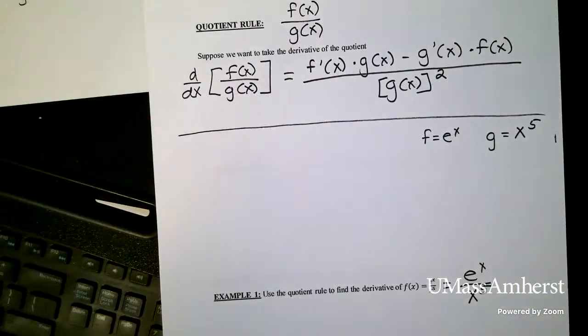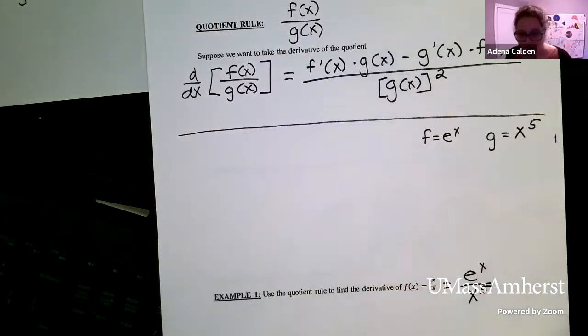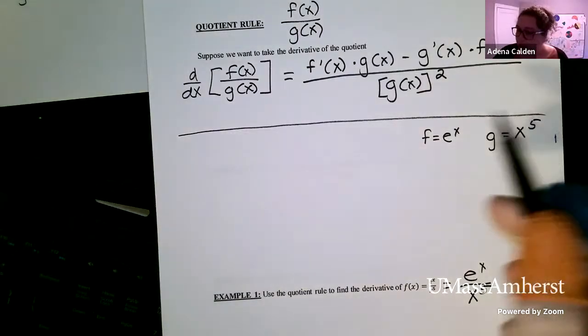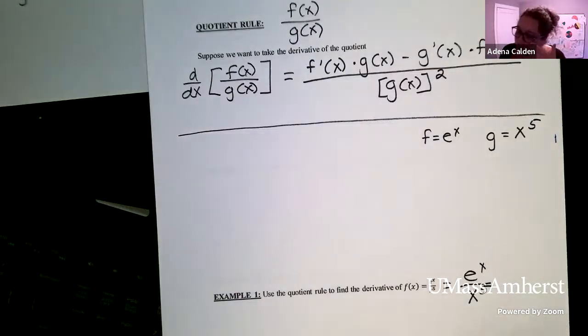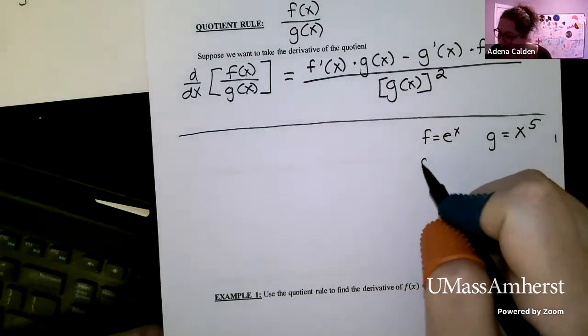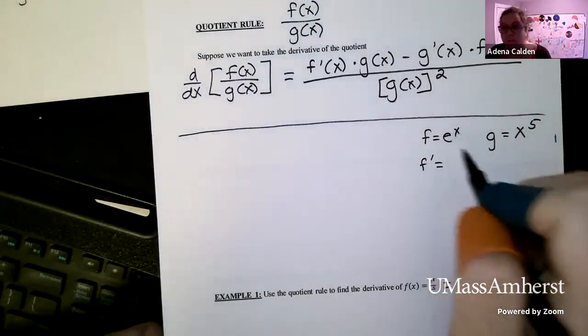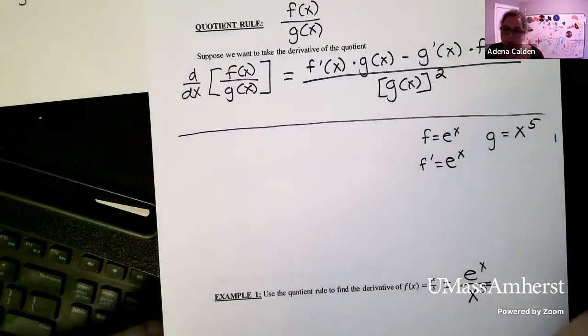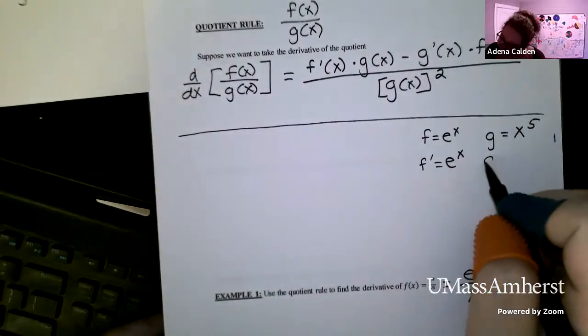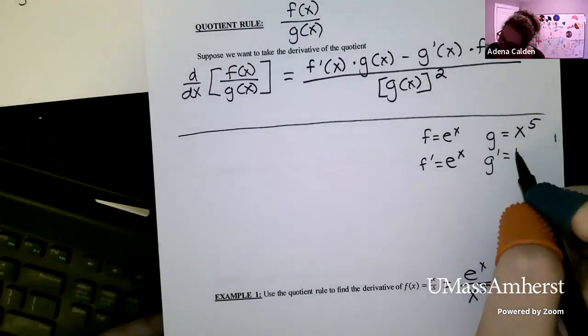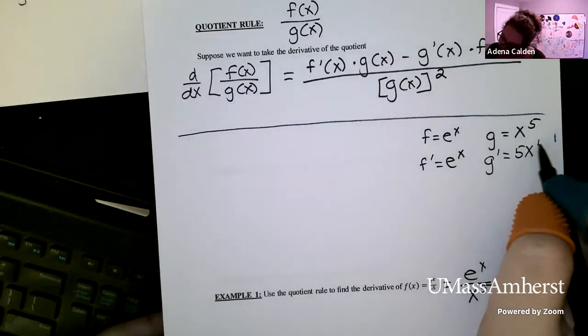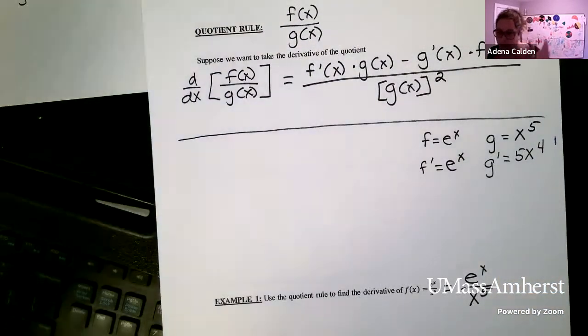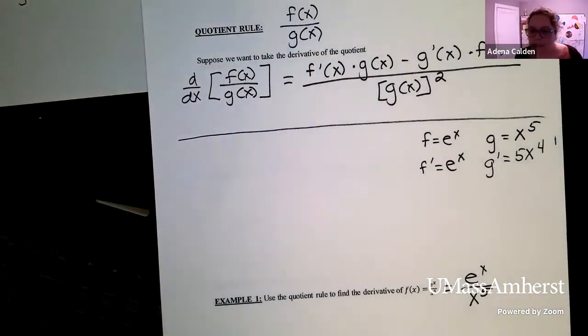So you can write it as f and g, you can write it as f of x and g of x. It means the same thing. This is all side work to get to our final answer. The derivative of e to the x, we know from our exponential rules, is e to the x. The derivative of x to the fifth, we have a power rule and we get 5x to the fourth. Okay, so we have all the building blocks.